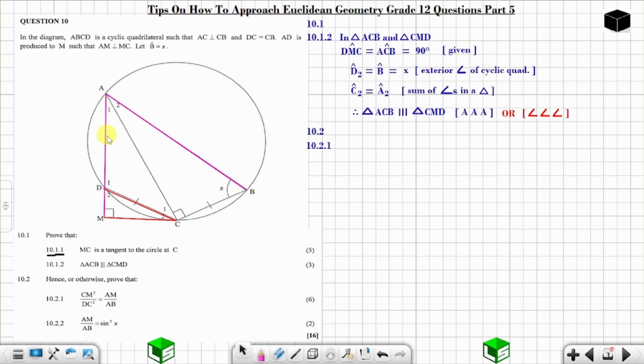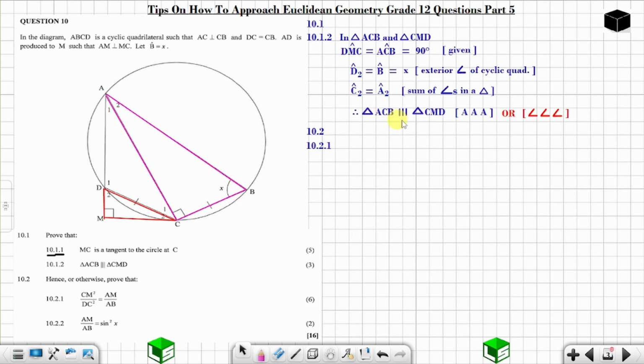Since we have this side AB, we need to work in these two triangles, triangle CMD and triangle ACB.